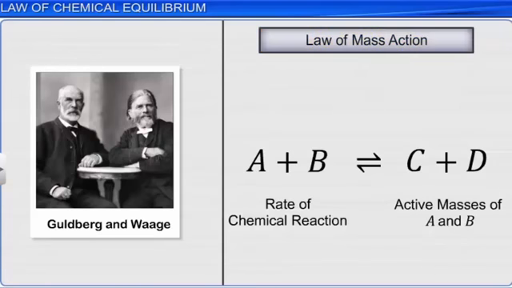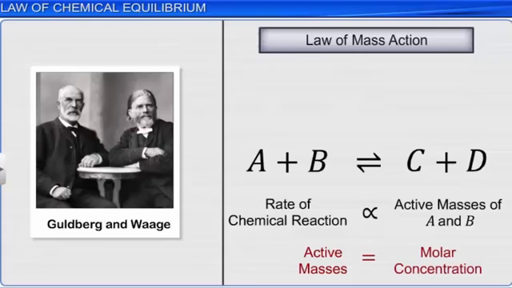According to this law, at any instant, the rate of a chemical reaction at a given temperature is directly proportional to the active masses of the reactants at that instant. The term active masses in present times refers to molar concentration.